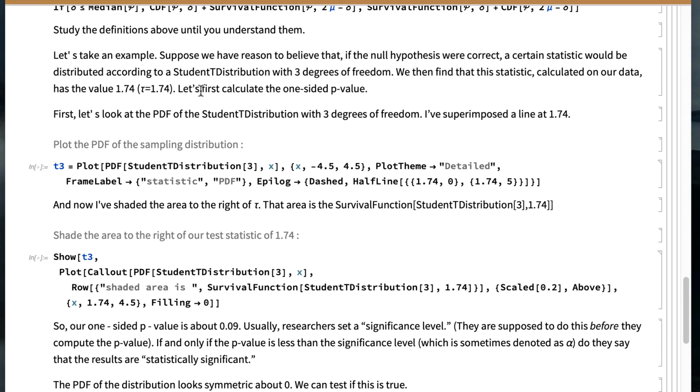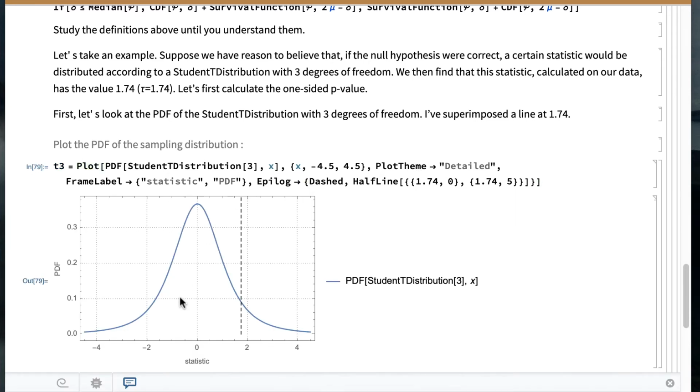Let's see if that value disproves a null hypothesis. Okay? So what we're going to do is look at the PDF of the student t-distribution with 3 degrees of freedom, and then superimpose on that a dashed line at 1.74. All right, so there we are. Here's how our statistic is distributed, and here's where we are.